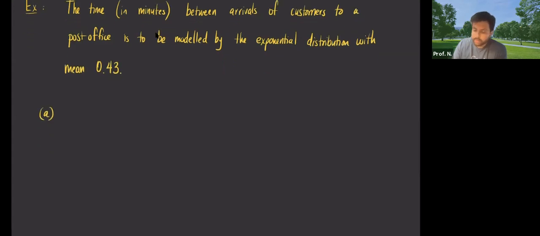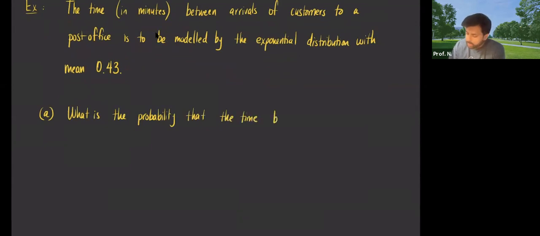So part A, what is the probability that the time between consecutive customers is less than 15 seconds.